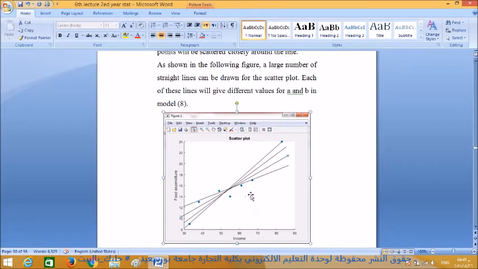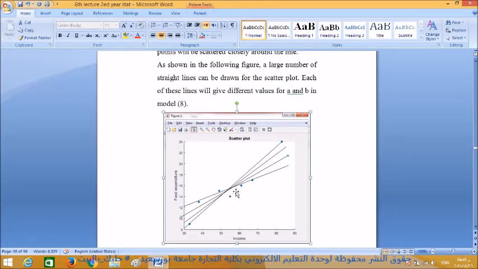We can draw a lot of lines like this, but which one represents the relationship between x and y? As I said, the best line that represents the relationship between x and y is the least square line. Least square line means that we minimize the square differences between all points and this line.